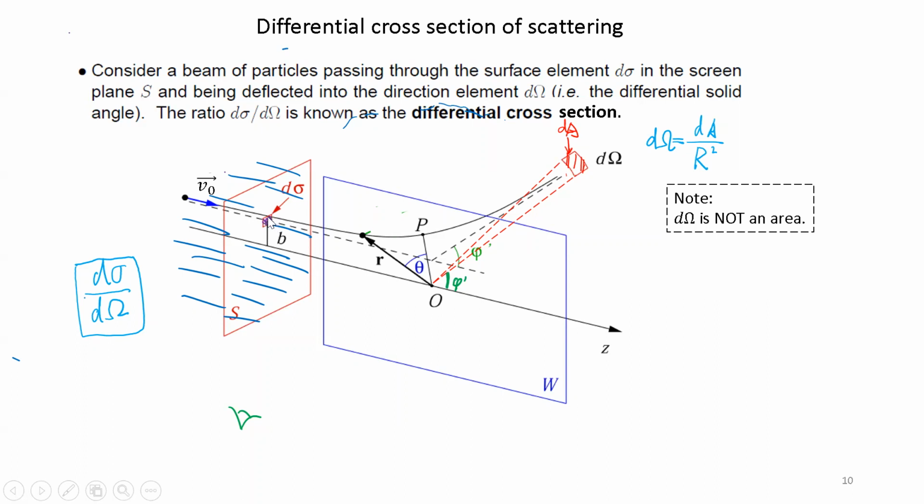And as I explained last time, d omega would be the solid angle of one of the detectors, and that also gives you some range of scattering angle over here. So now let's try to derive a mathematical formula for this d sigma d omega.